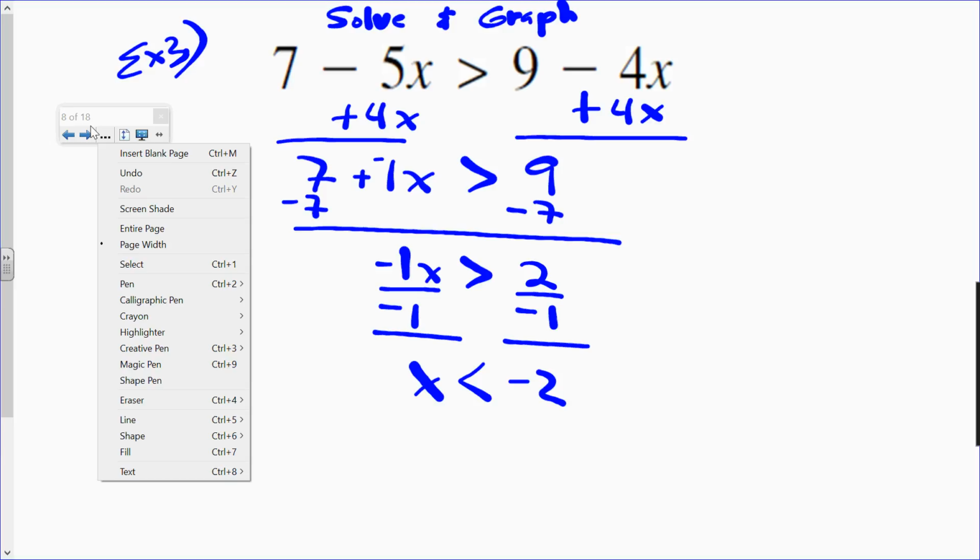So what I want you to do in your notes, put a little star here so you remember.